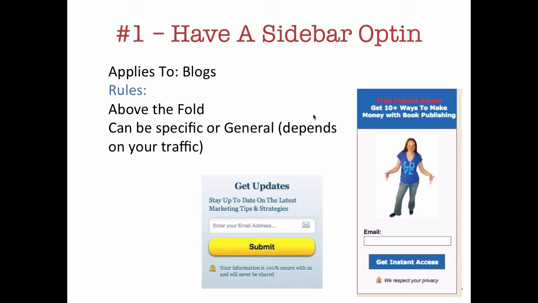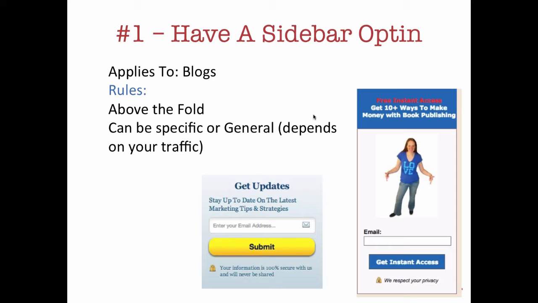You're just going to say, here I am, and if you want updates on what I'm doing, just put your email in. The one on the right here, it's very specific. Get 10 plus ways to make money with book publishing. Okay, so that's very specific. They're going to get that free gift, and they know what they're actually going to get.